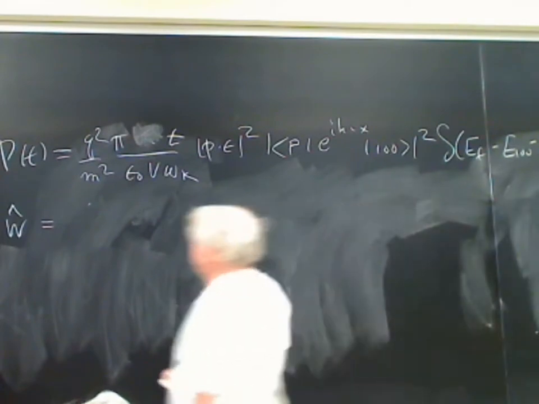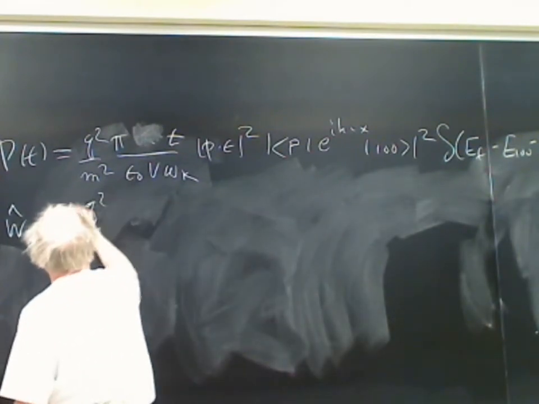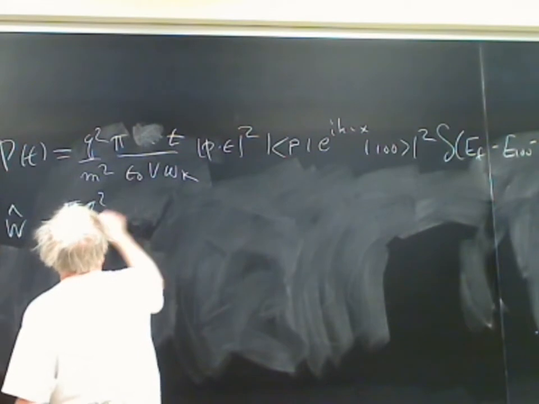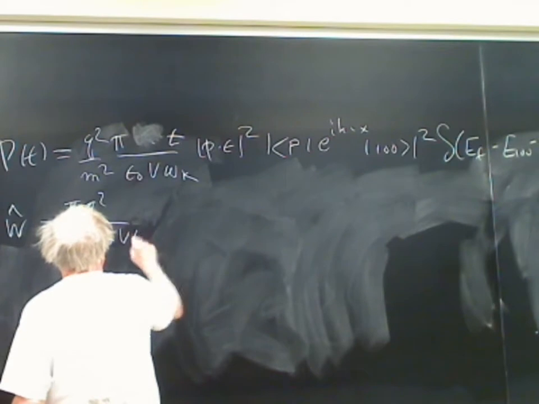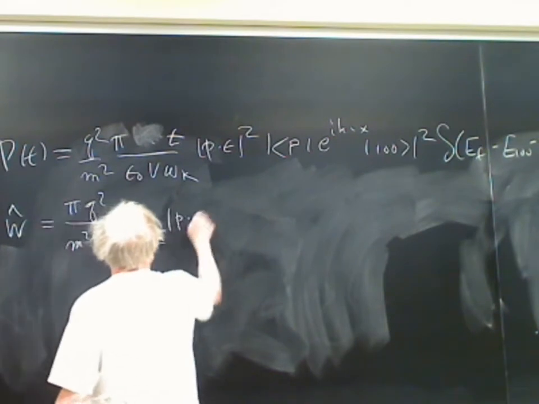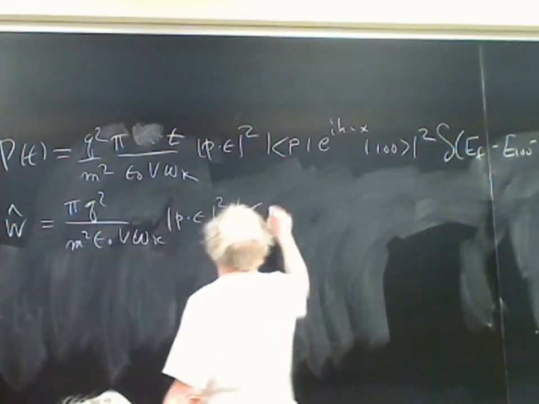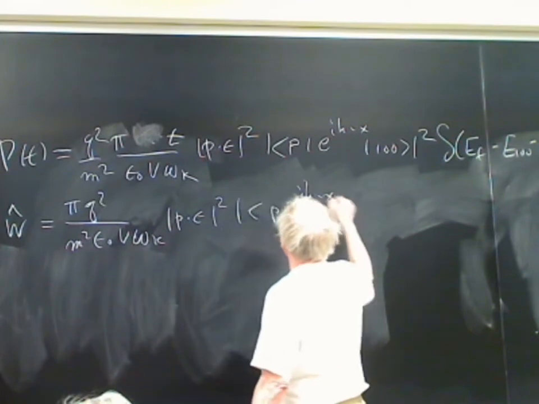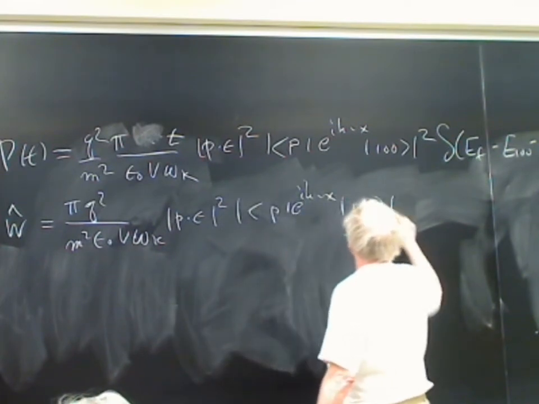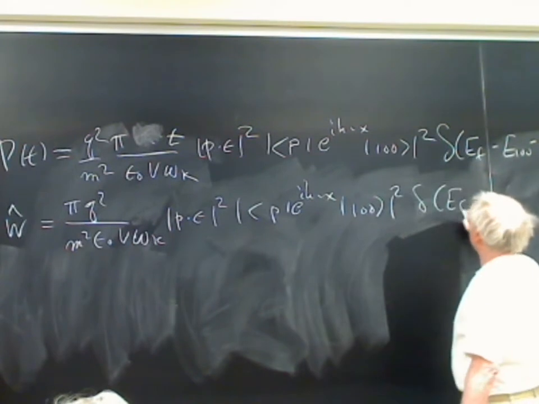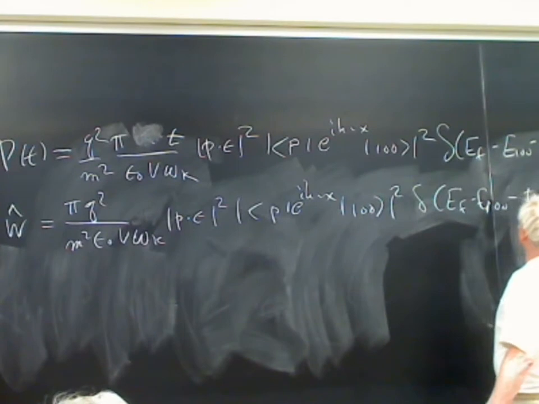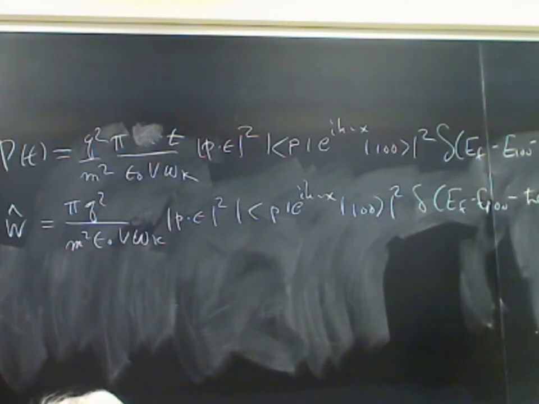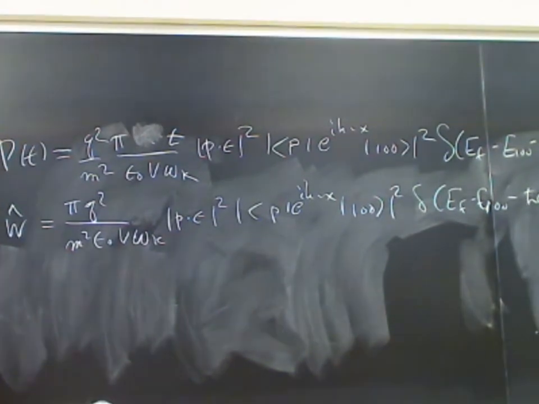And so this rate is π q squared over m squared epsilon 0 V ω_k, |p·ε| squared, |⟨p|e^{ik·x}|100⟩| squared, delta of E_F minus E_100 minus ħω_k. Okay, so that's our formula for the rate.